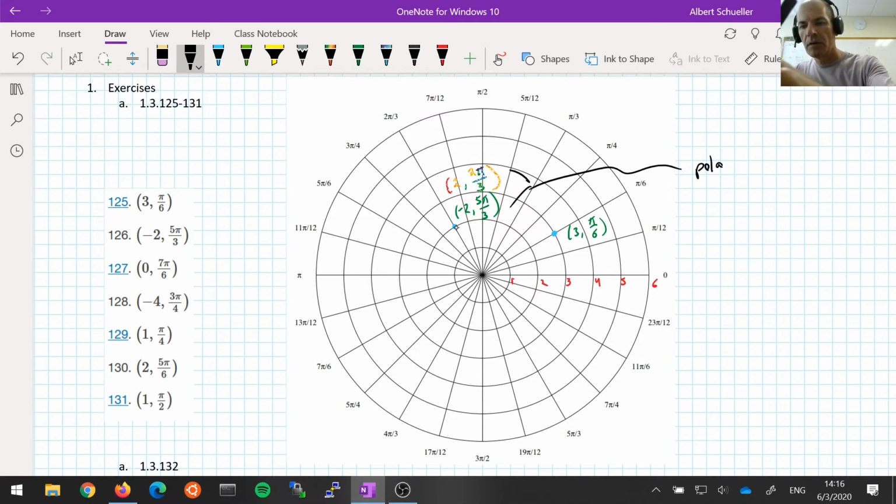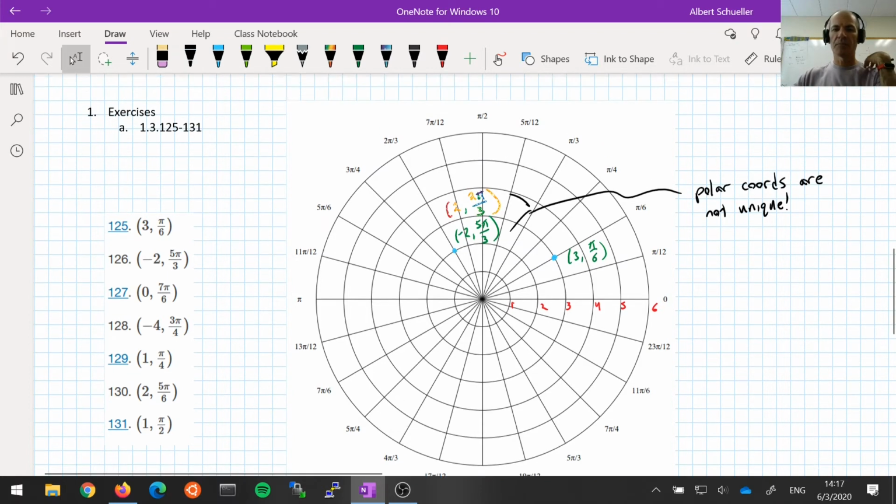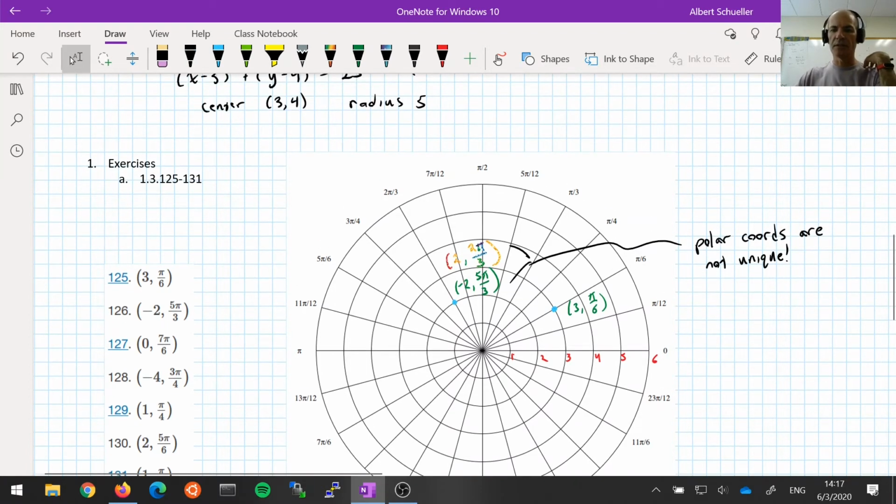Polar coordinates are not unique. So there are lots of ways of describing the same location using polar coordinates. This is not true of Cartesian coordinates. Every point has a unique set of Cartesian coordinates. So there's a subtle difference there.